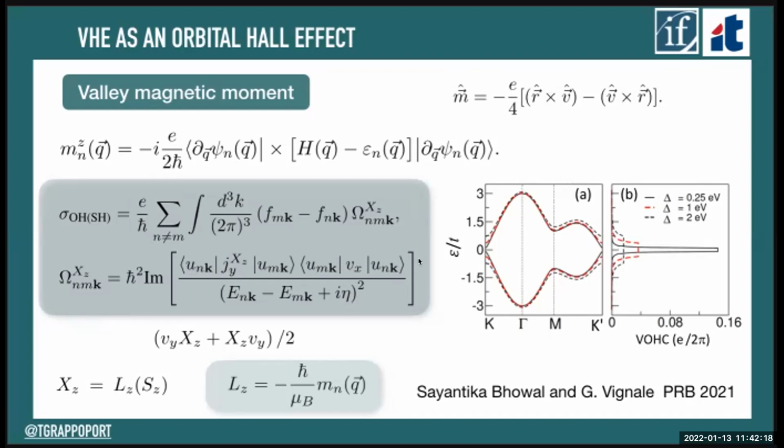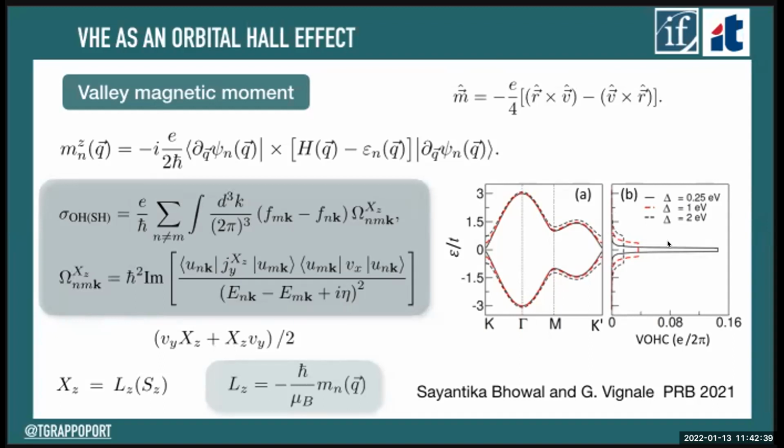So, these are the results from Giovanni Vignali and Scientica Bowo, which I think are important because they quantify this orbital Hall effect, and they show that it depends on the size of the gap. So it can be stronger if the gap is smaller, right?